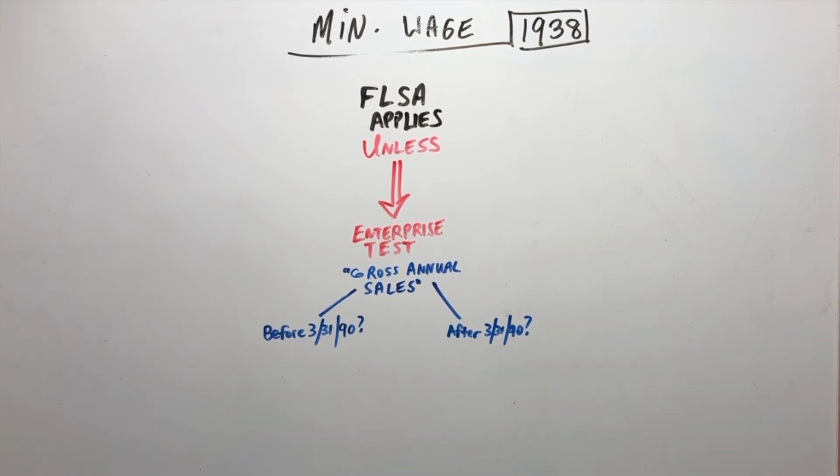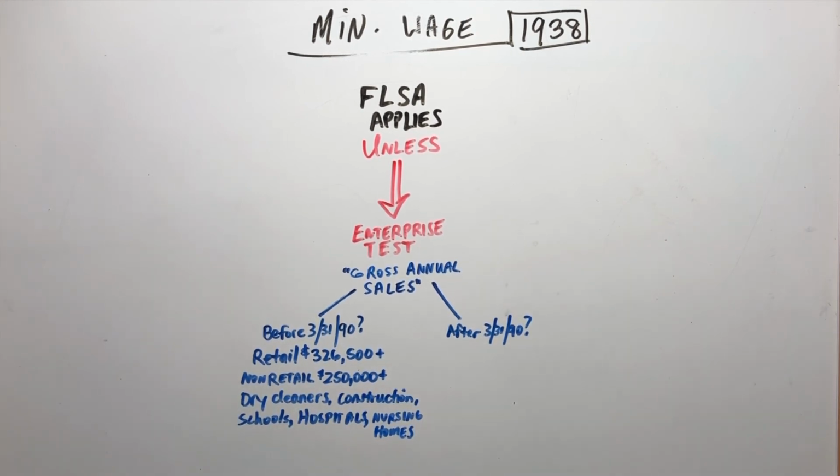If it was before March 31st of 1990, and you are a retail or a non-retail business, and your sales were $326,500 or more annual, $250,000 or more annual, then the Fair Labor Standards Act applies to you. If your sales were less than those amounts, then it did not.